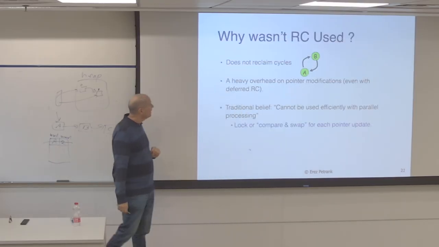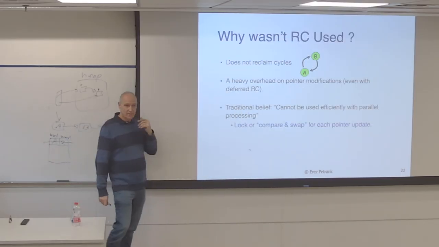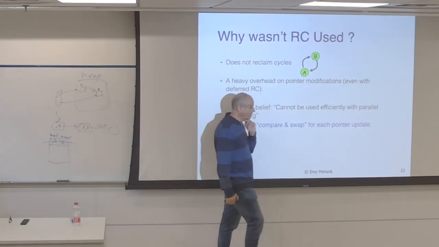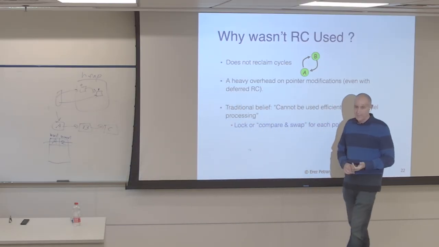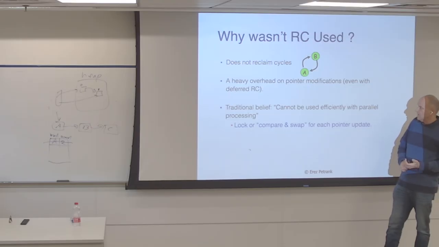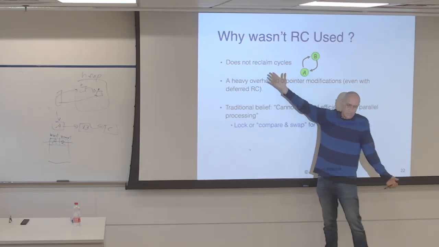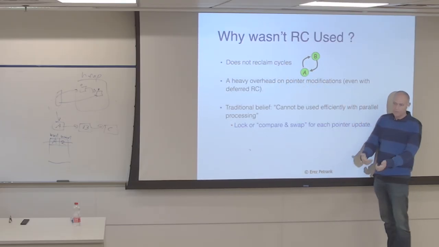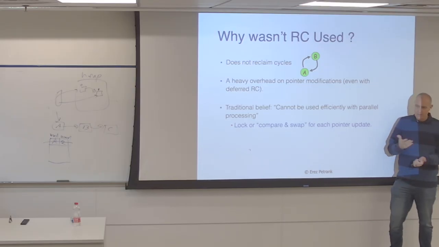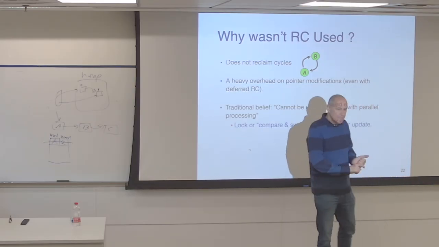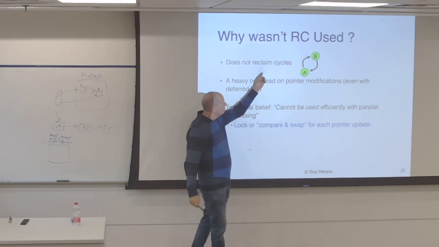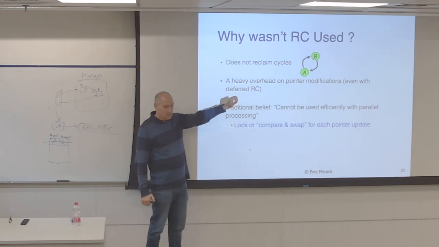Okay, so why did people not use reference counting between the 60s and the 2000s for many, many years? So first of all, it doesn't reclaim cycles, which we need to get Mark Sweep to reclaim, or some algorithms we'll talk about next week. This is still a problem, but we'll talk about it next week.